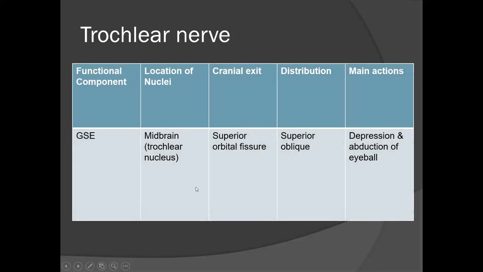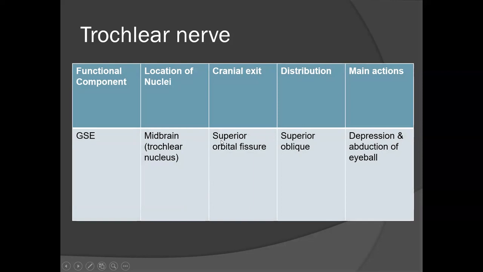So in summary, the functional component is general somatic efferent, which is what the trochlear nucleus is. And from there, as we mentioned, in particular, it passes out from the midbrain through the posterior surface, or the dorsal aspect.